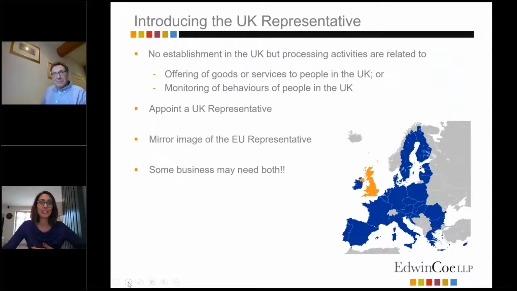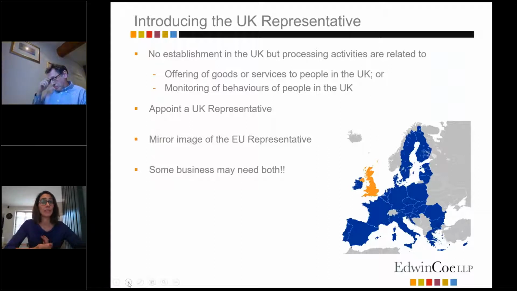So what are the rules if you do not have an establishment in the UK, but you are either offering goods or services to people in the UK or monitoring the behaviour of people in the UK? Well, in this case, because you do not have a base inside the UK but are doing business within the UK, you will need to appoint a UK representative under the UK GDPR.